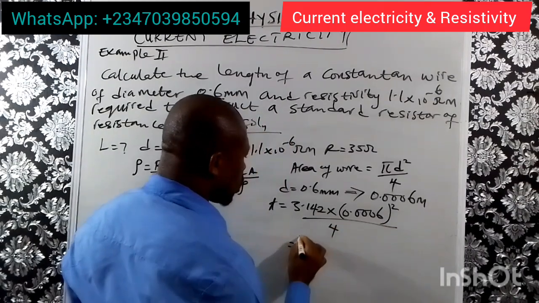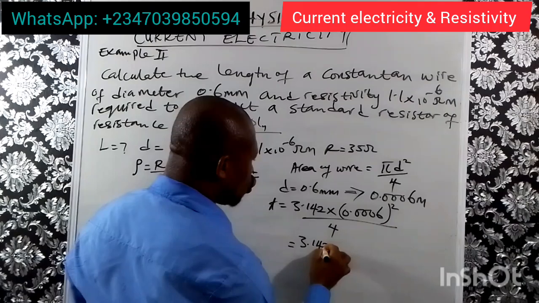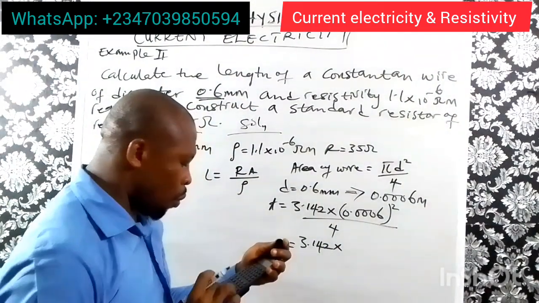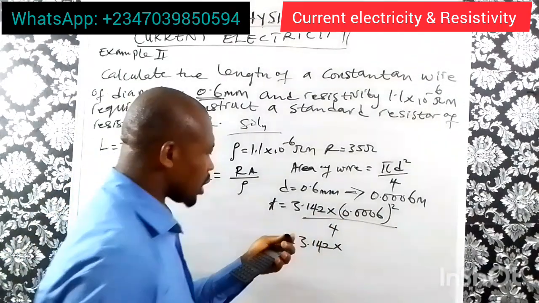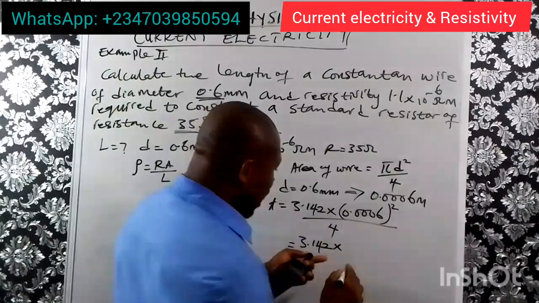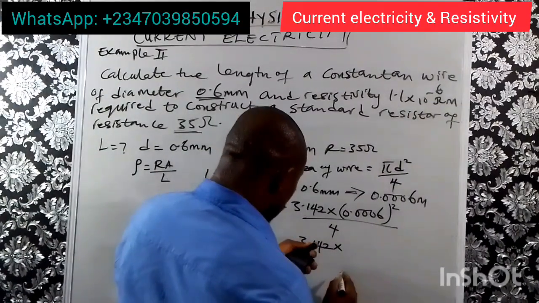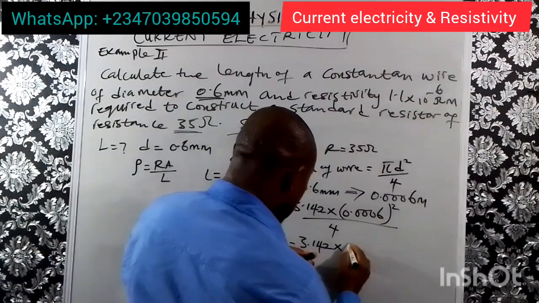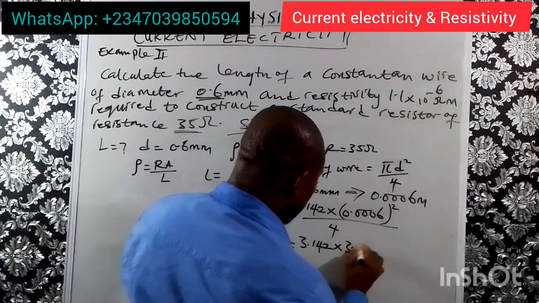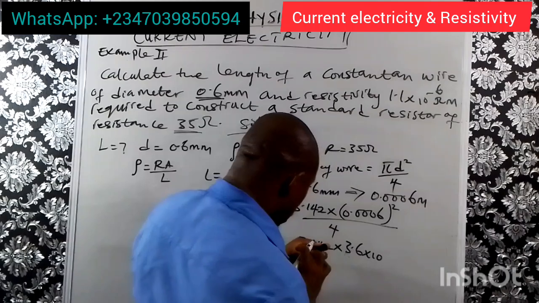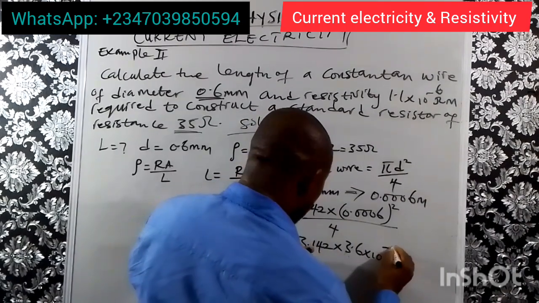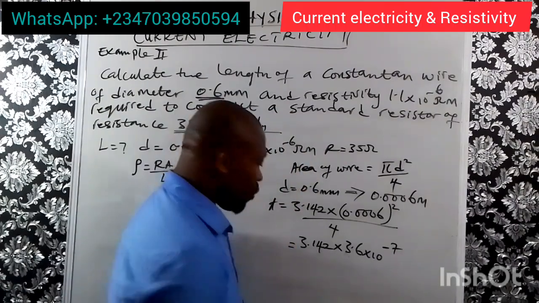The square of 0.0006 in standard form gives 3.6 times 10 raised to power minus 7.